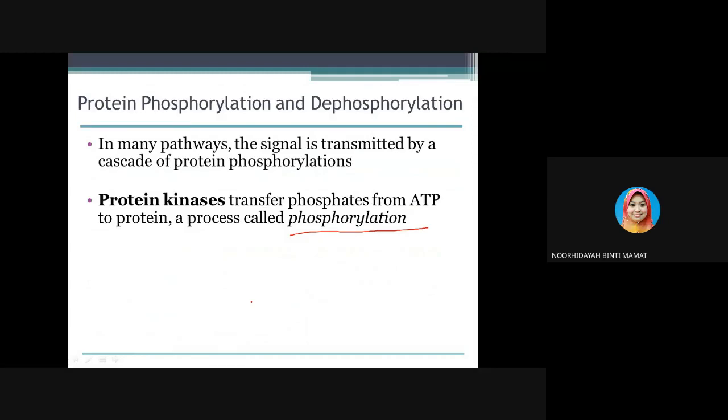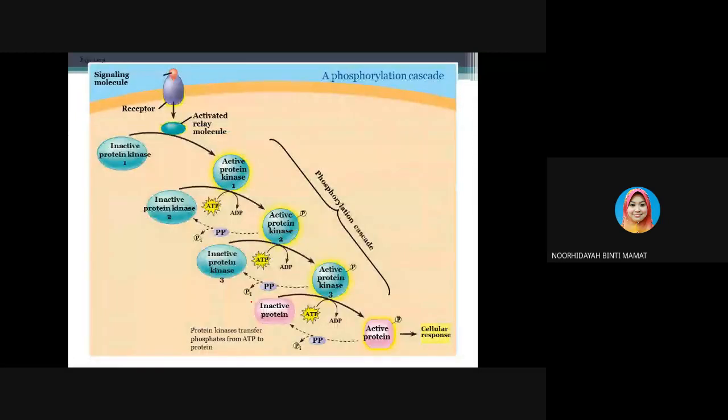So let me show the process. This is the process of phosphorylation, the phosphorylation cascade. When a ligand binds to the receptor, it will activate a relay molecule, right? This is the inactive protein kinase, and this is the active protein kinase.